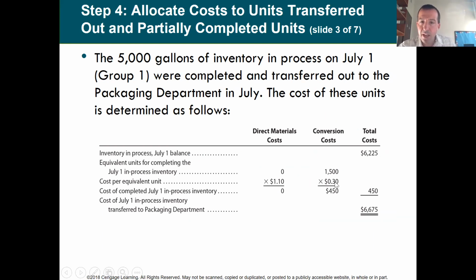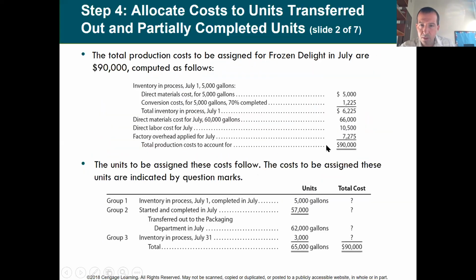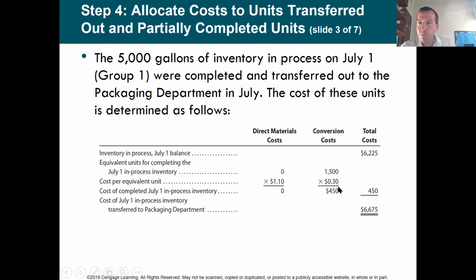On the conversion side, I was only 70% complete in June, so 30% of my units need to be allocated cost in July. That's the 1,500 that we had talked about previously, the equivalent units.